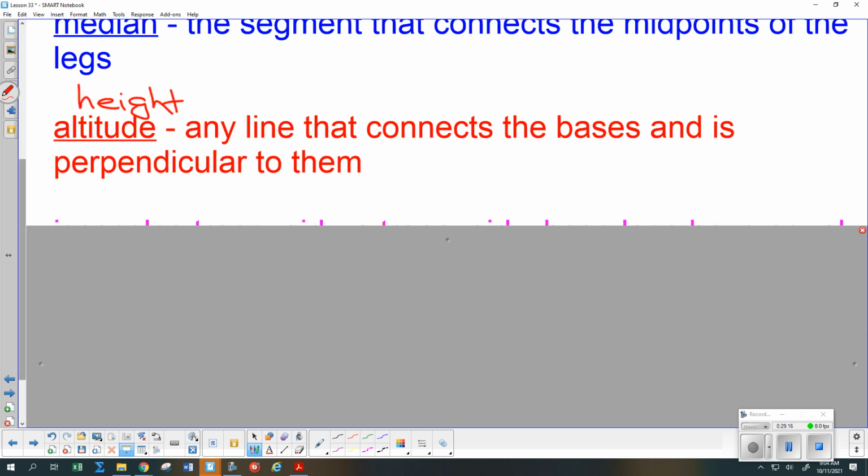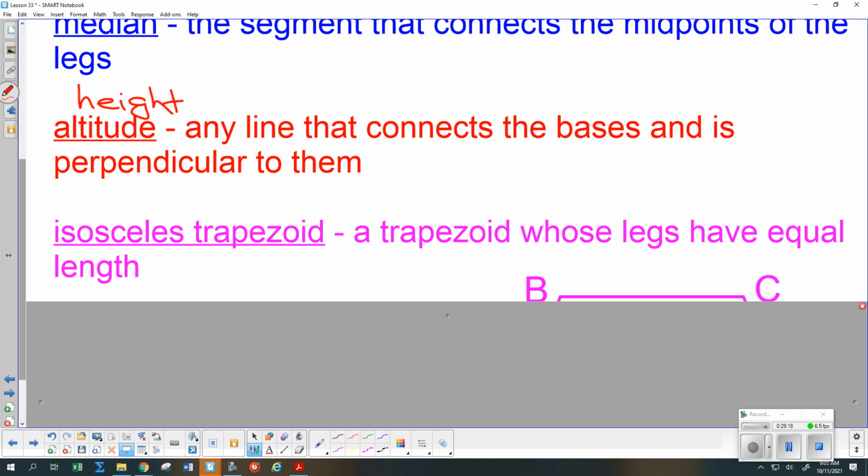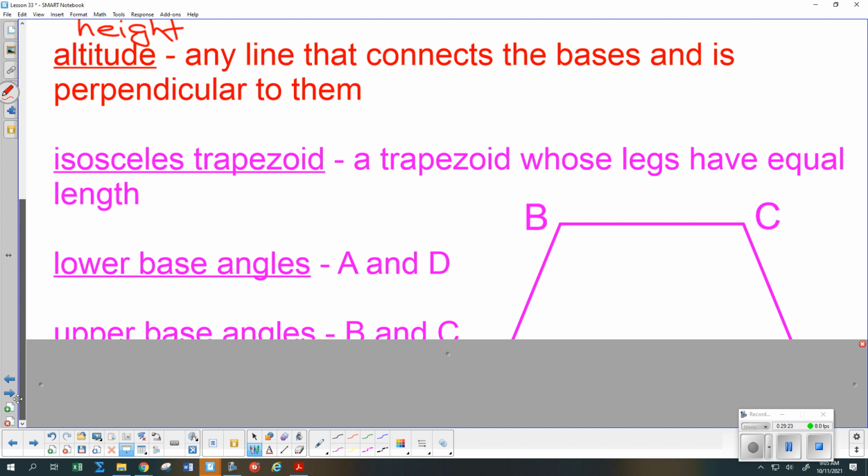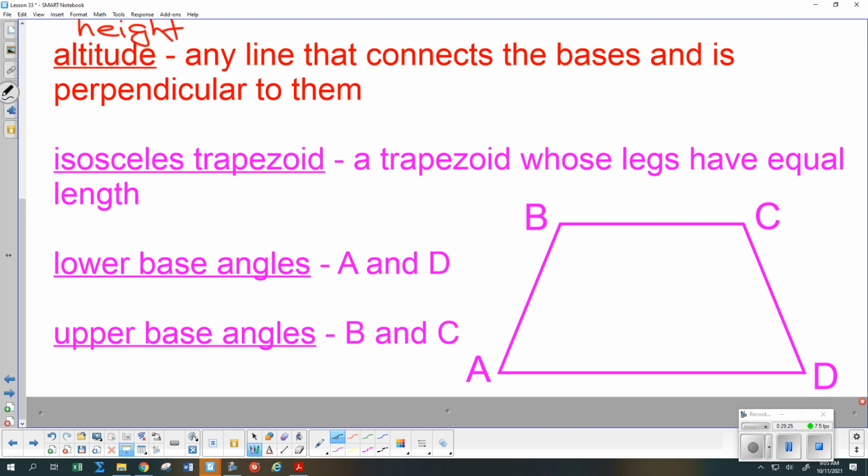The special trapezoid that we're going to talk about is an isosceles trapezoid. So we still have the parallel sides, but what makes it an isosceles trapezoid is the two legs are congruent to each other. So it's kind of like an isosceles triangle with the top chopped off.